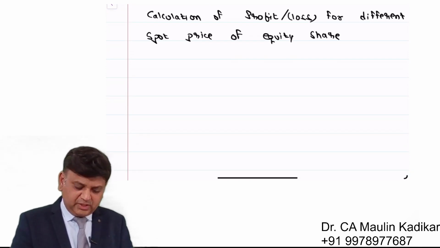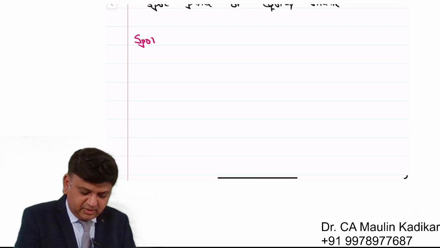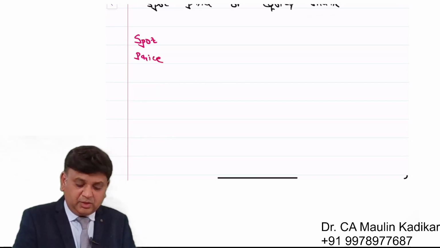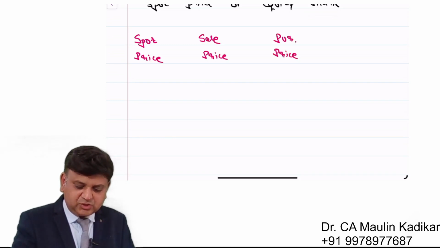Everybody is requested to understand the table that we are going to prepare. Column number 1 is spot price. Column number 2 is sale price. Third column is purchase price. And the last column is profit or loss.